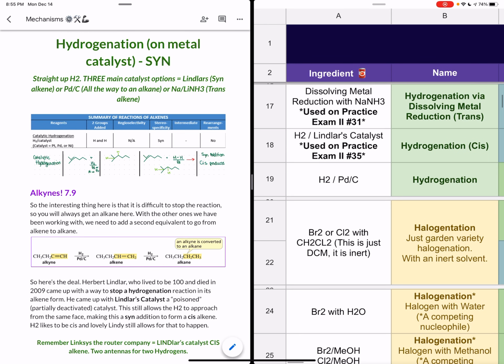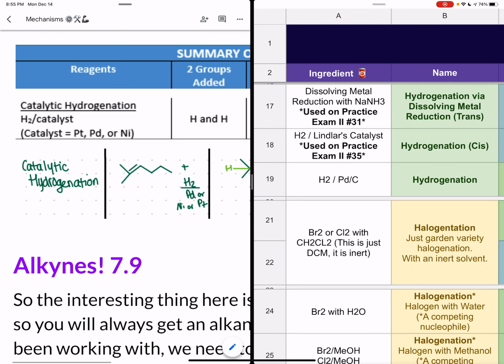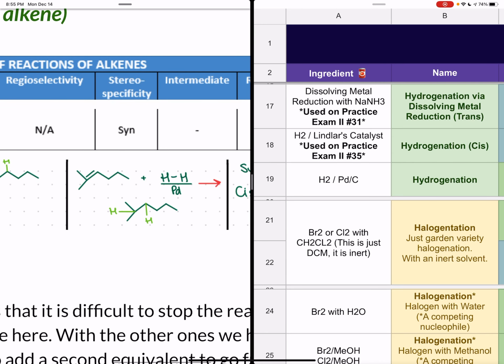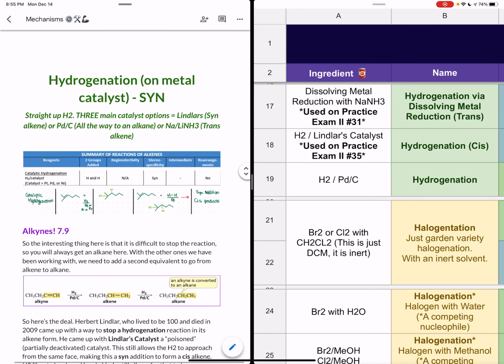That's all that it does. It is a syn addition. You could see there was a pi bond here, and now it's gone, and there's 2 hydrogens. That is all that it looks like. You're going to have cis products because they're coming in from the same plane, okay?